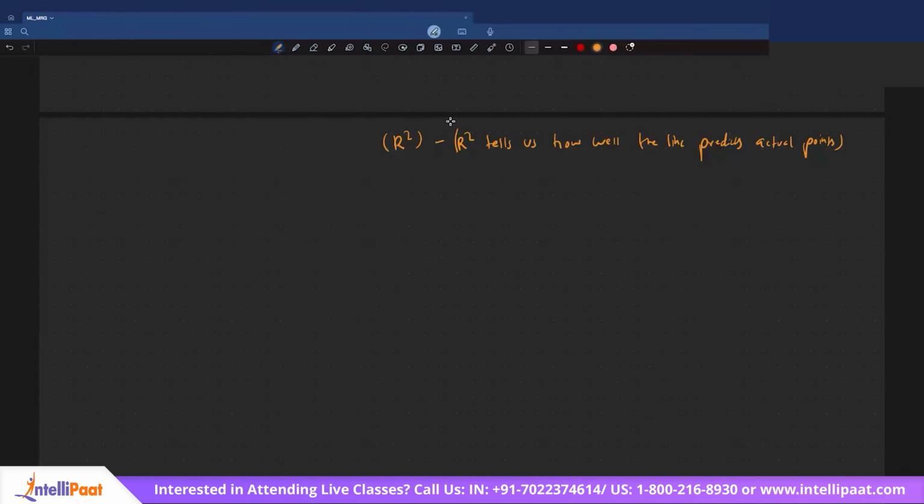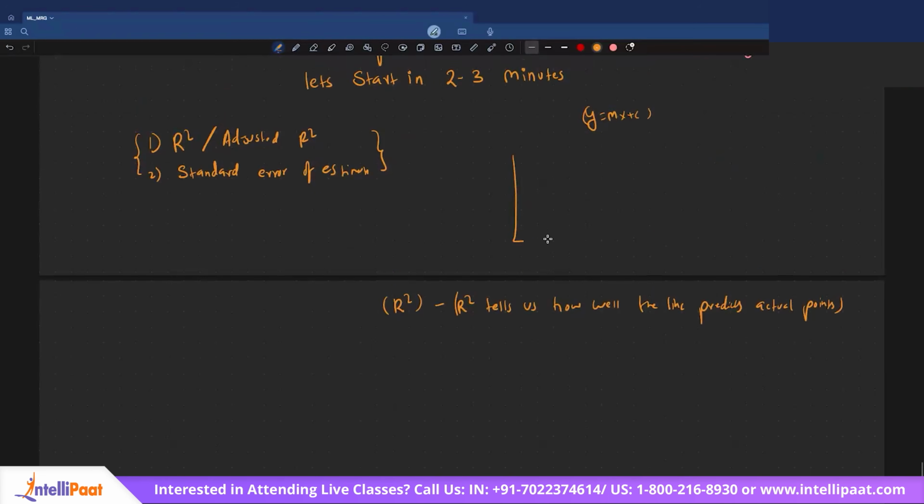Now you can ask me, sir, why don't we have a quantification already with something called residual error? We do. The problem is that linear regression has a very big problem, and that problem is outliers. If you have one data point here, one here, one here, one here, and one here, this is known as the best fit line.